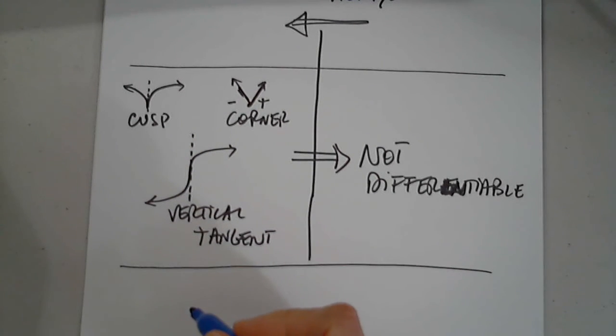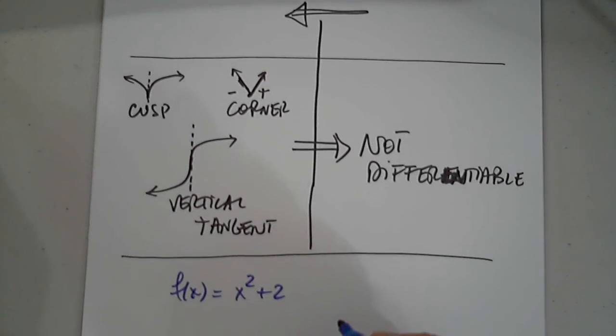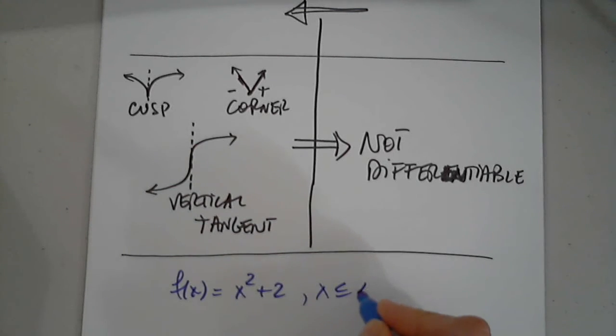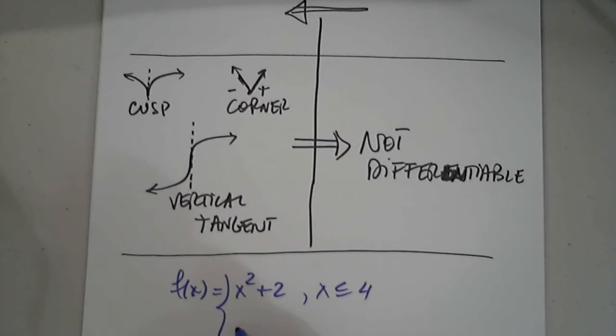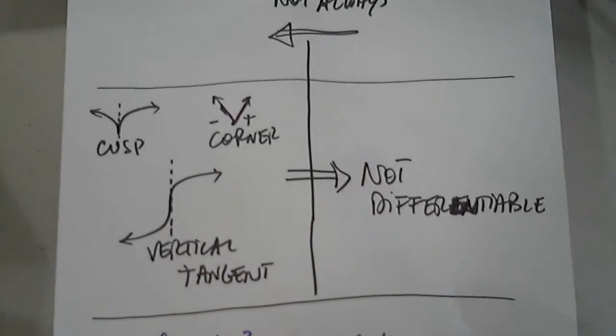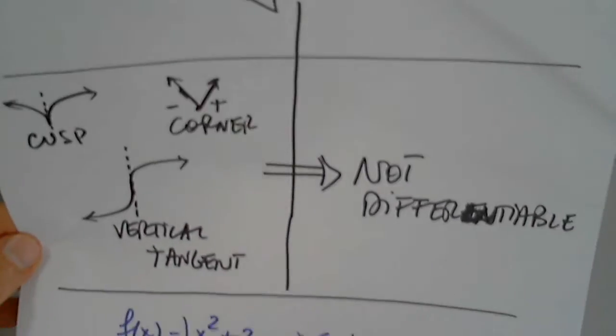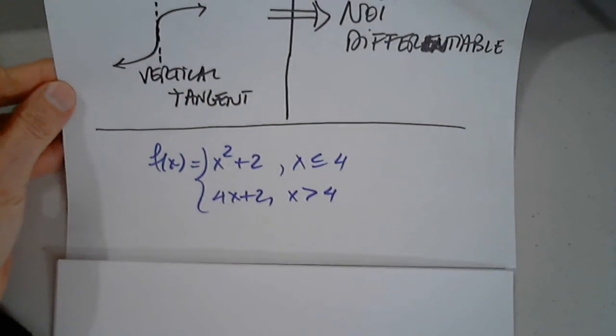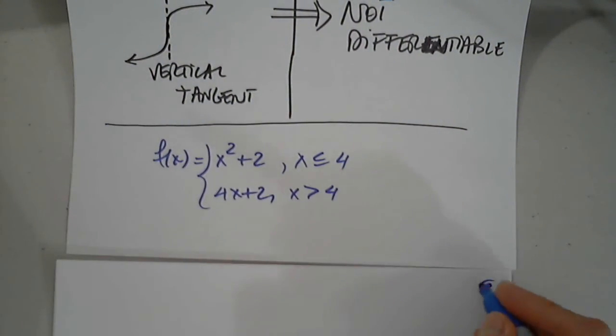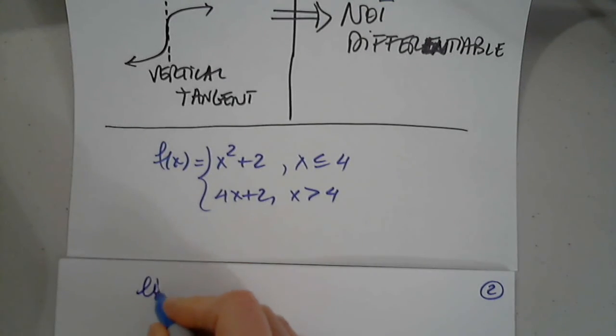So the question is, f of x is x squared plus 2 for x less than or equal to 4, or 4x plus 2 for x greater than 4. We were asked to find whether it's continuous and differentiable. First of all, the continuity situation is a limit.